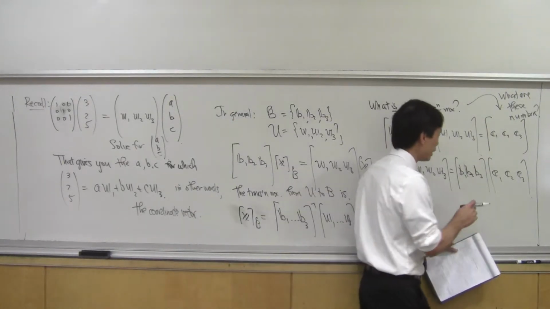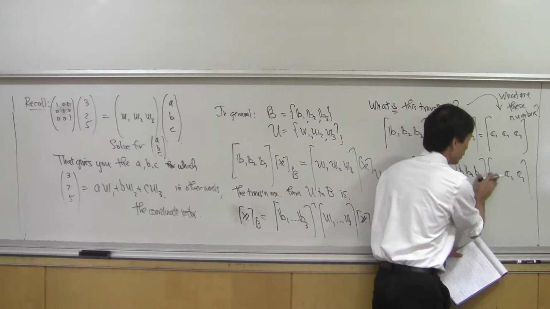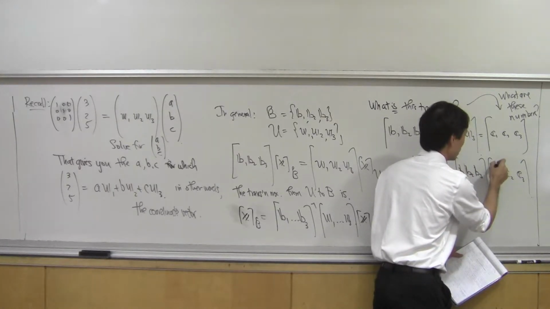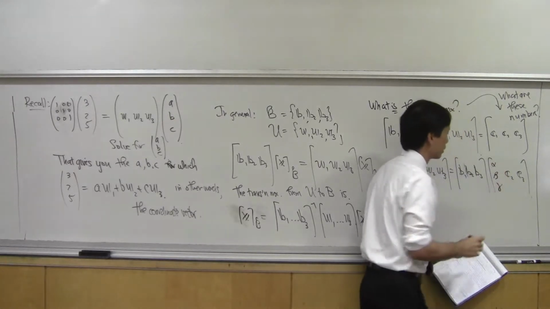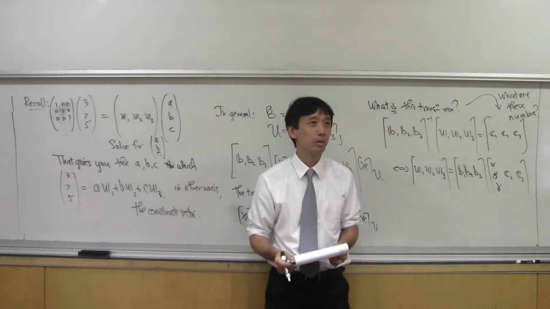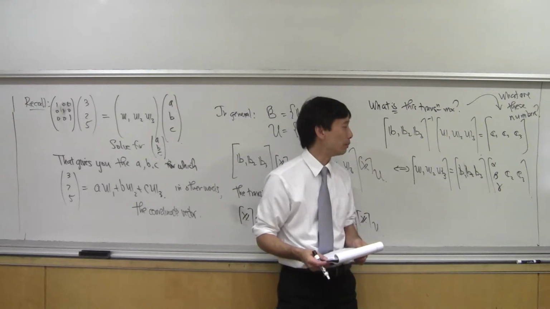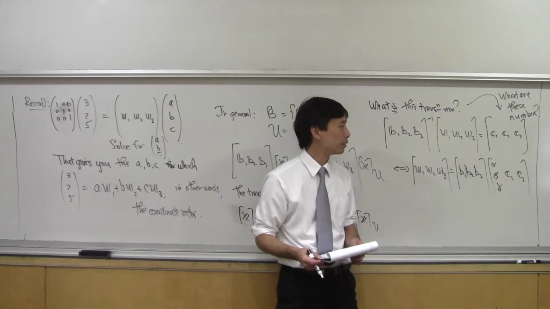So what I want you to think about is, what is this first column here? I'm just going to call it alpha, beta, gamma. What does this first column tell you?